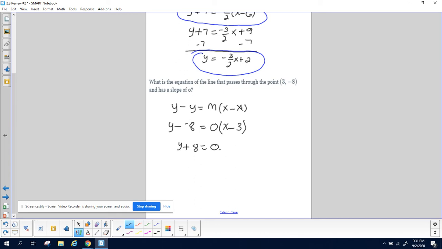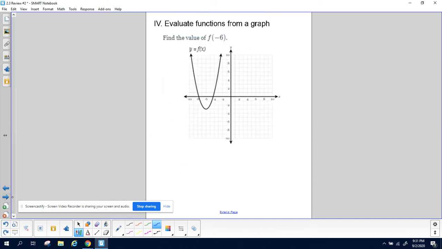So I'm not positive if Delta Math takes this for the answer, but I know that if you subtract 8 off both sides, you write y equals -8 for your final answer, if that happens to you where they give you a problem where the slope is 0. Now, if you want to just memorize, every time the slope is 0, the formula is going to be y equal that number. So there's another shortcut for you if you need it.